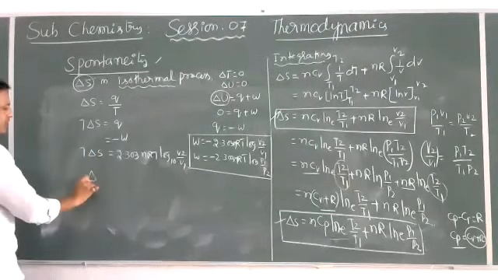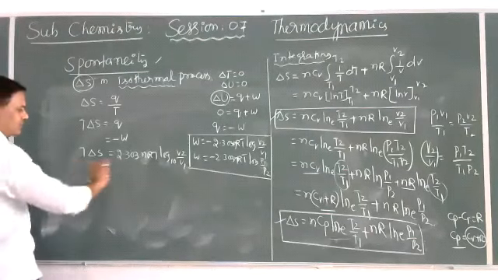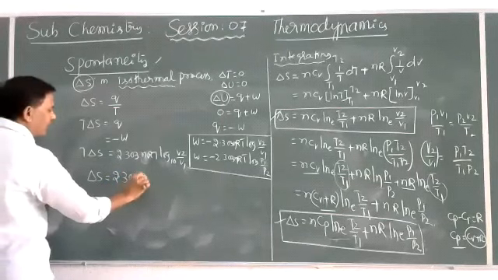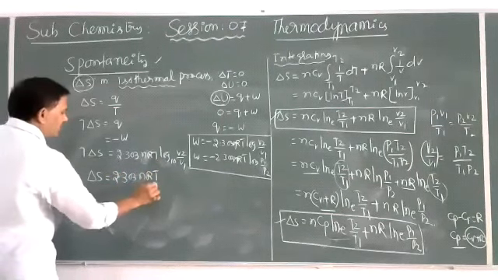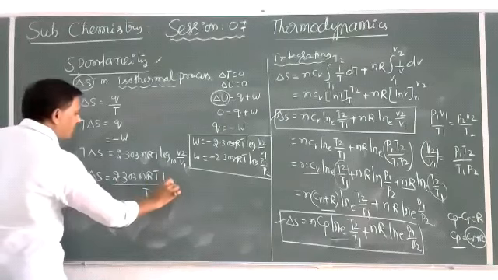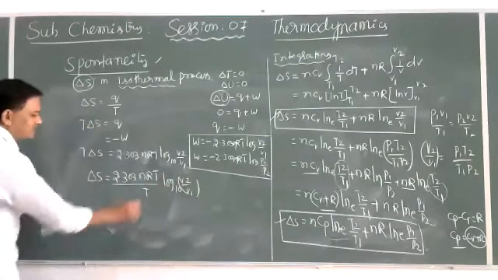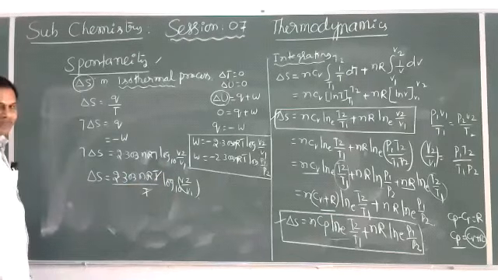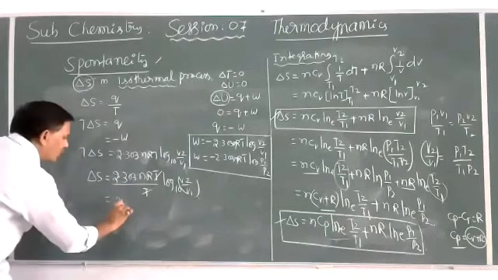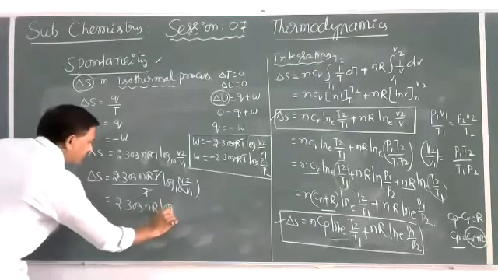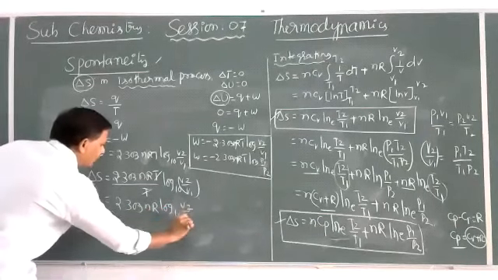Now here we want the change in entropy. Delta S is equal to Q divided by T, which is 2.303 nRT divided by T into log base 10 V2 by V1. T and T get cancelled. Now it is 2.303 nR log base 10 V2 by V1.